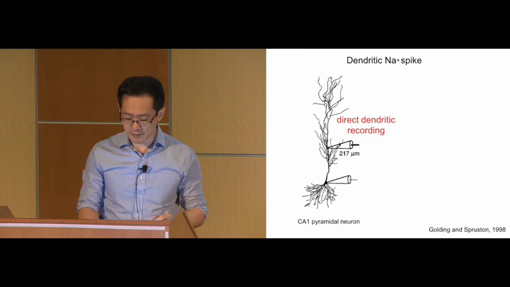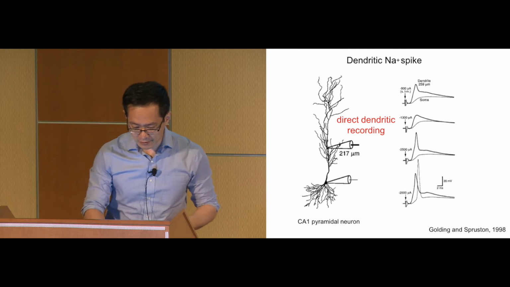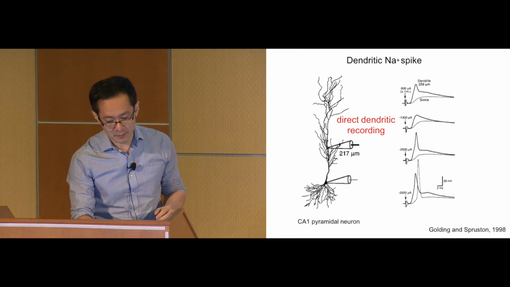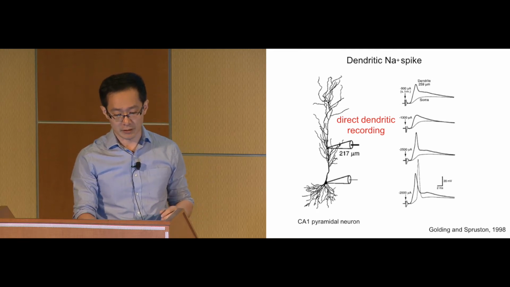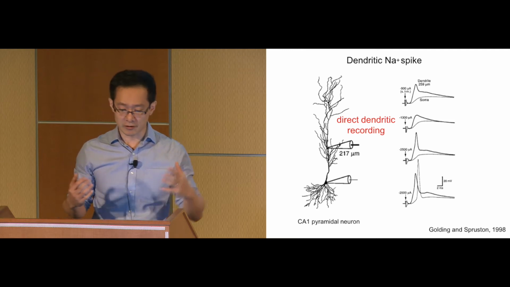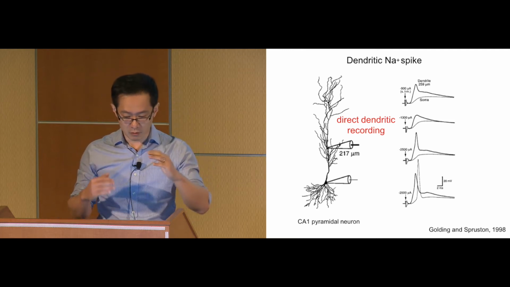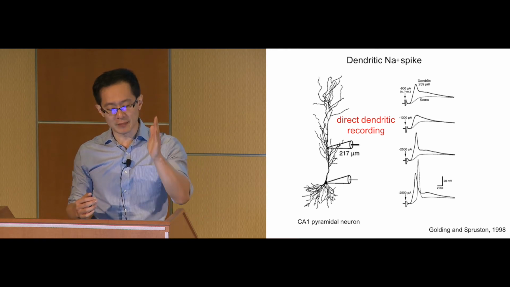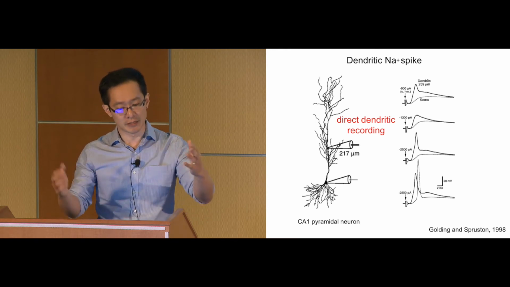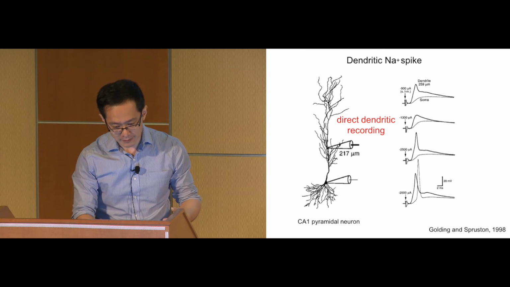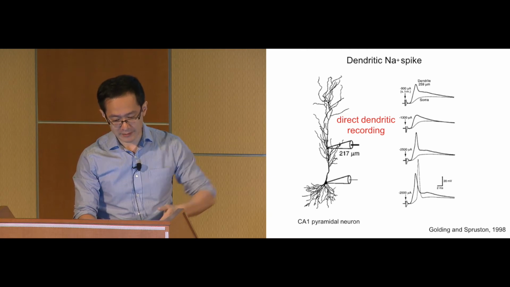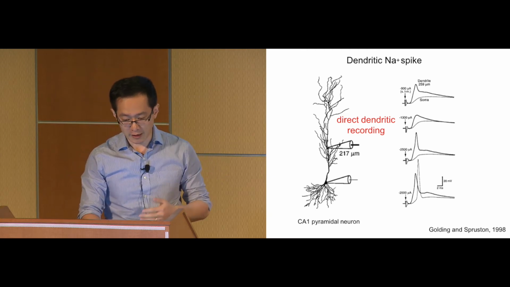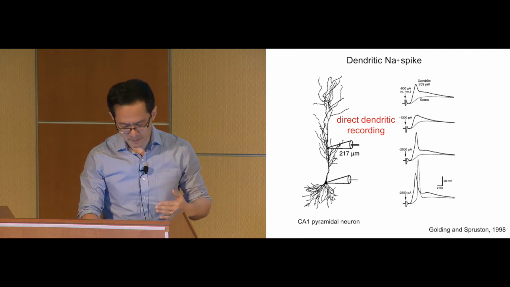This recording, done in '98, shows, if you pay attention to the thicker black traces and the thinner traces, the voltage recorded either on the dendrite or on the soma. After a brief stimulation to cause neurotransmitter release, you can see that the dendrite has an electrical change that is higher than, and propagates to, the soma.